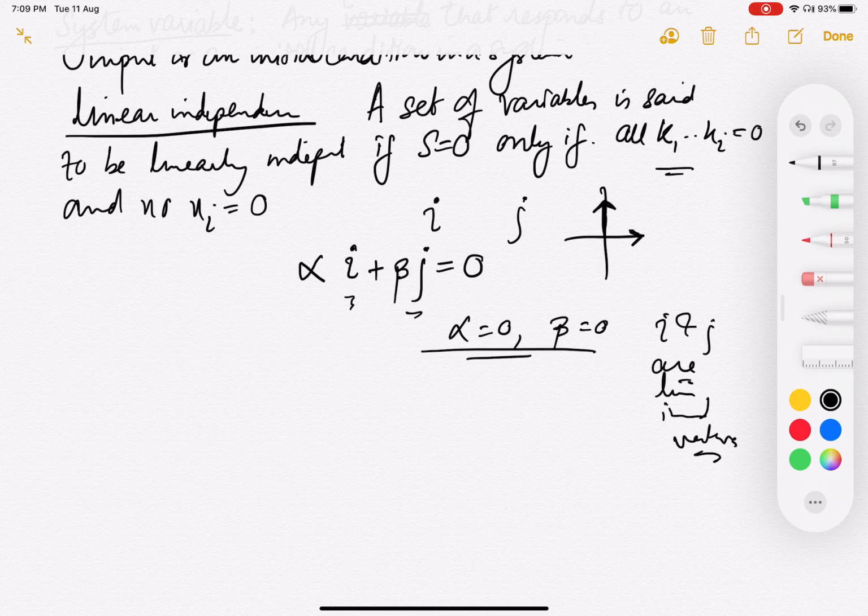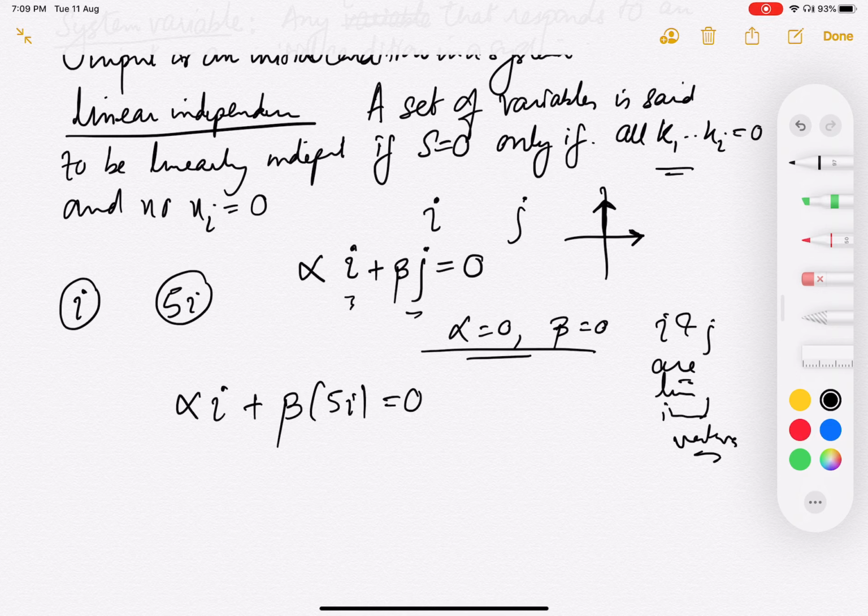But for example, if you have i as one vector and 5i as another vector, then you can have alpha times i plus beta times 5i equal to 0 if alpha is minus 5 and beta is 1, right?